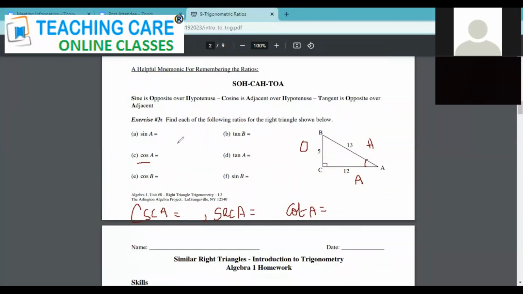First one will be 5 over 13, then it is 12 over 13. Okay, good. Next one. What is my angle B? Cosine of B. If you take this, then it will change to 5 over 13. Good. Next, what about tangent of B?